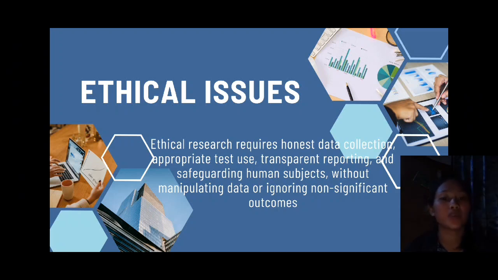Some areas where ethical issues can arise include the use of human subjects in experiments and data collection methods, the type of test, whether one-tail or two-tail, the choice of the level of significance, the cleaning and discarding of data, and the failure to report pertinent findings.